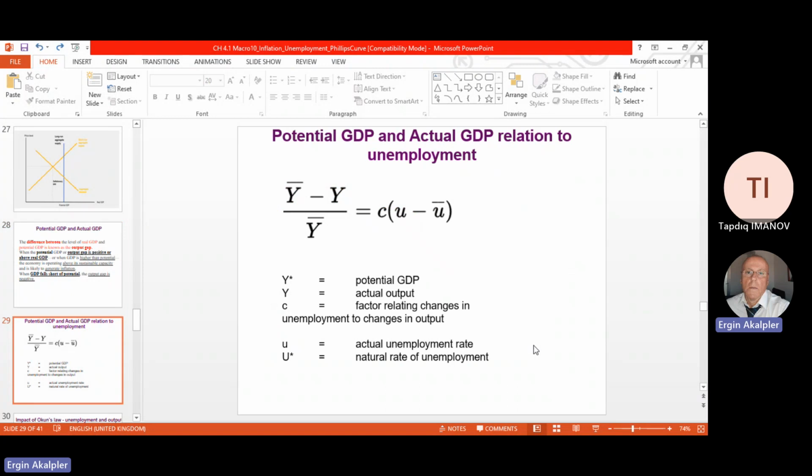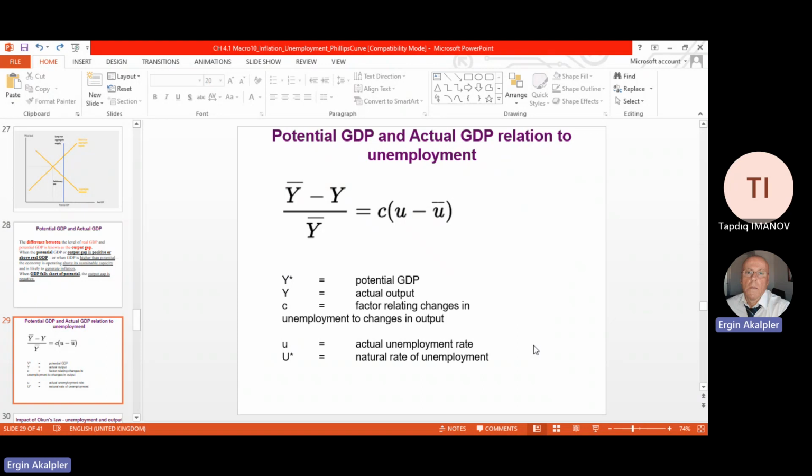Here the potential GDP and the actual GDP are represented with Y star and Y. On the left side of the equation, there is a line above the Y, which represents Y star, the potential GDP.